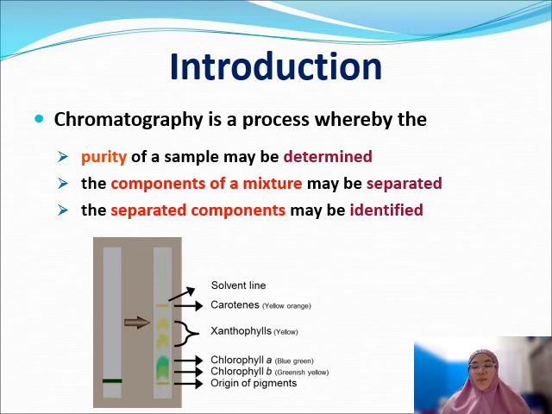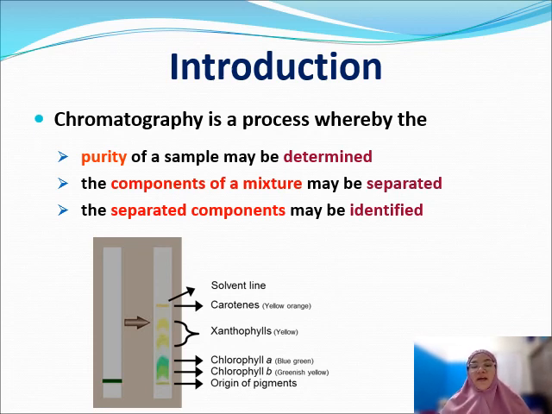So this is the starting point, and then after kita dip this chromatography paper dekat dalam mobile phase, okay, dia akan allow the movement of the pigments or the mixture. Okay, it will separate them based on dia punya movement, okay, sampailah the mobile phase reach dekat bahagian solvent line, dekat bahagian yang the end of the line.